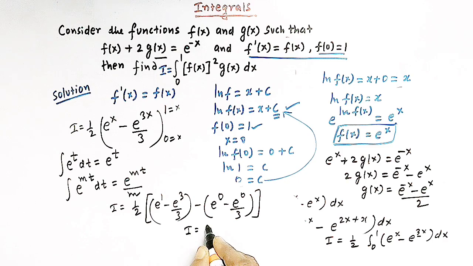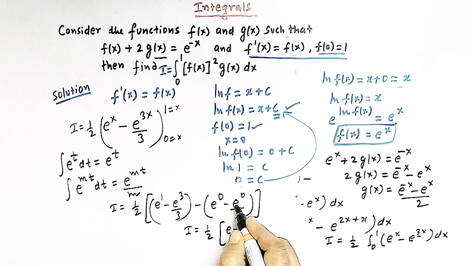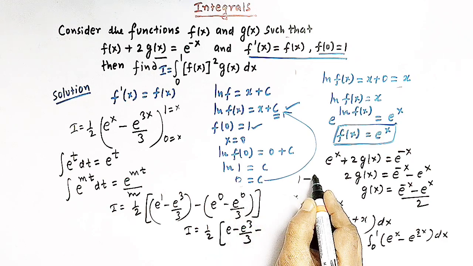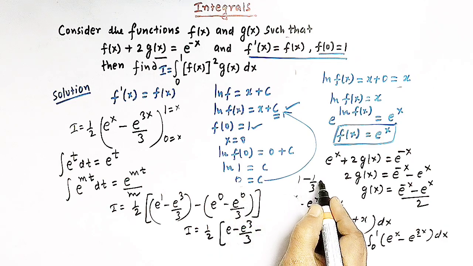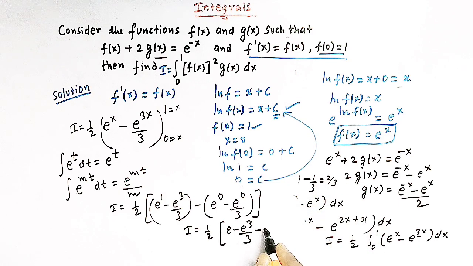So this is half, and we have here e minus e cube over 3 minus, here we have e raised to 0 is 1. Here also e raised to 0 is 1. So we have 1 minus 1 over 3, that is 2 over 3. So here we have 2 over 3.